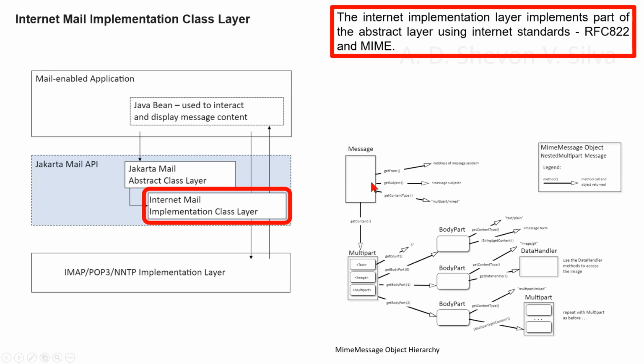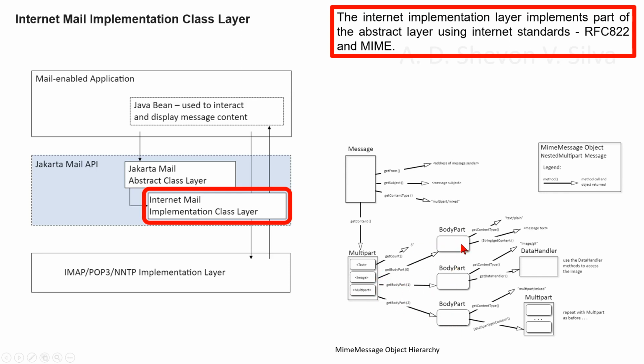In message, the getContent method returns a multipart. Multipart consists of text, image, and multipart here. In multipart, getCount returns, for example, 3, and getBodyPart returns body parts.